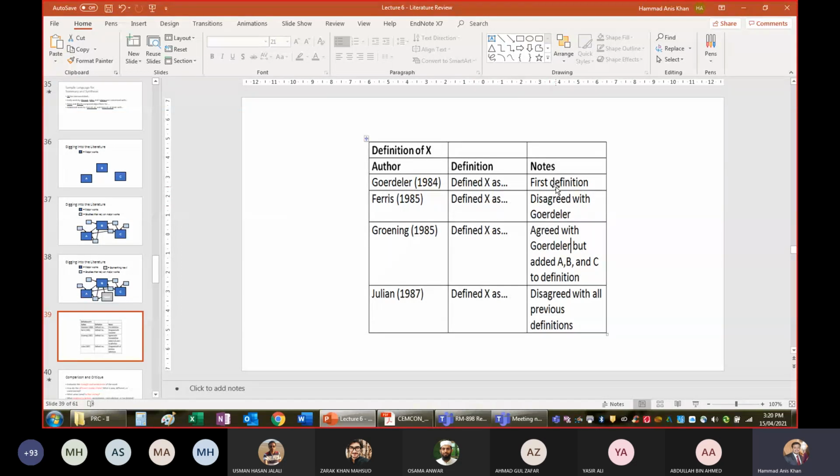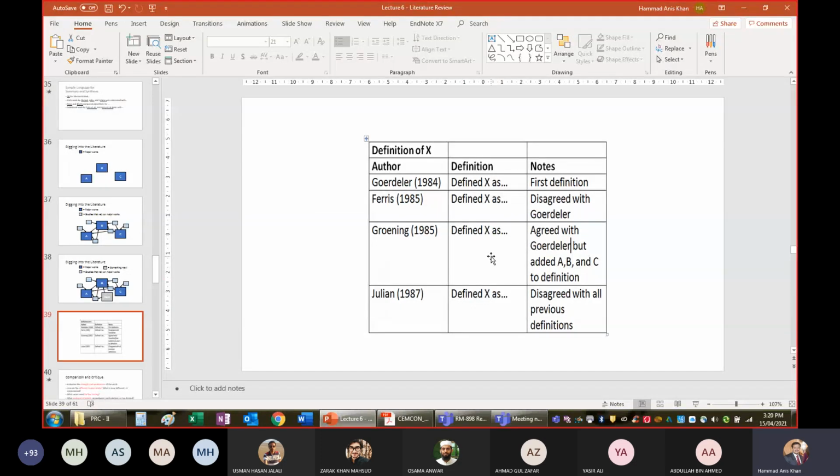He has given his own definition. Then another author came and agreed with the first author but added some additional terms A, B, and C into the definition. And then someone came in 1987 and redefined this term X and disagreed with all the previous. So this is actually a way of critiquing.